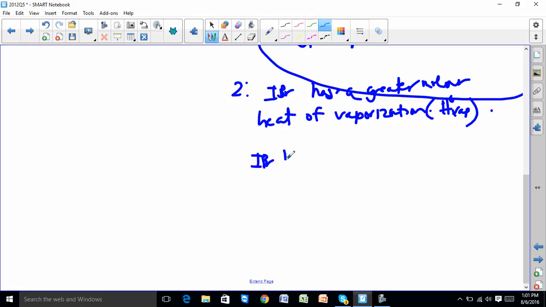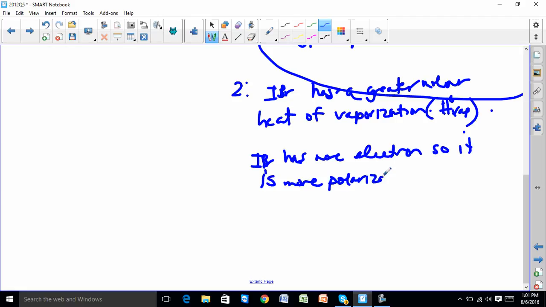IBr has more electrons, so it is more polarizable, and that just means the probability goes up that there's more electrons on one side than the other.